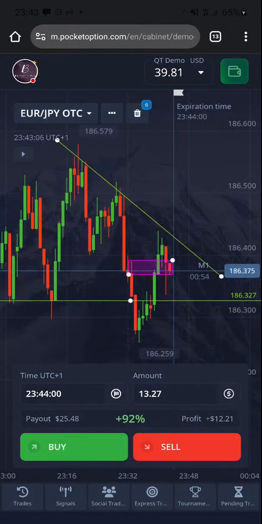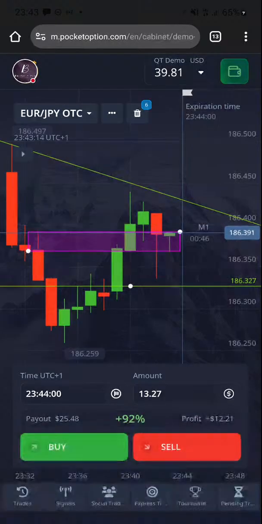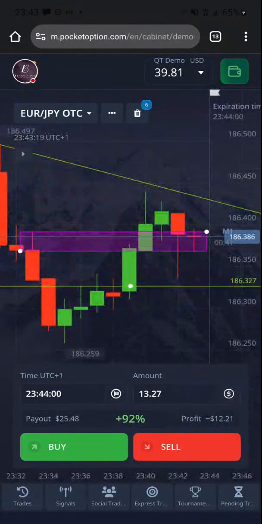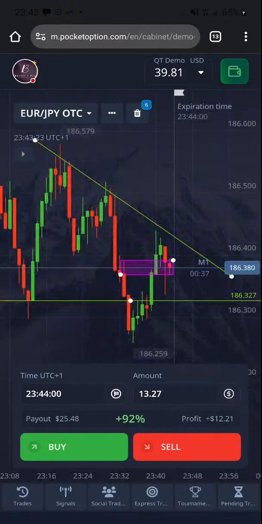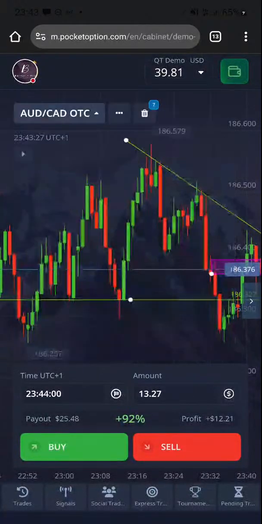Let's keep checking. You see that red candle we were expecting, now it's happening. I expected the red candle to happen here, but I guess we missed it because of this gap down. So no problem, let's look for more opportunities.